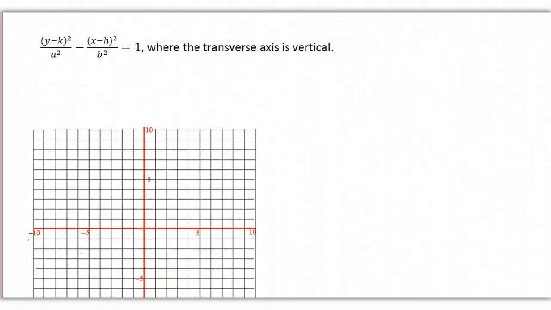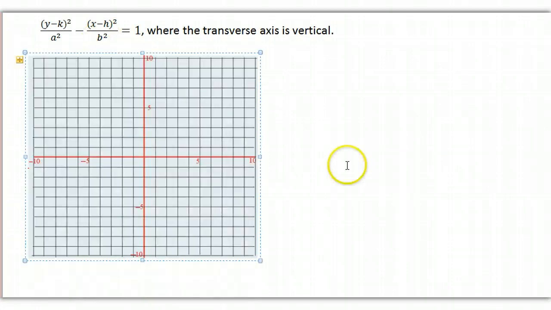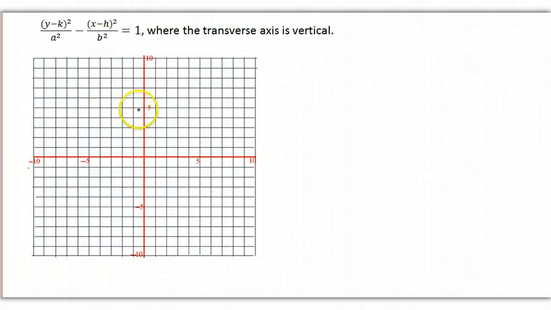Okay. Now, if I have y squared being minus something x squared, that means that my transverse axis is vertical. And everything works pretty much the same way, except that our hyperbola will be going like this. So I would go to a random point (h, k) right there. Now, since a squared is underneath y squared, I'm going to go up a and down a.